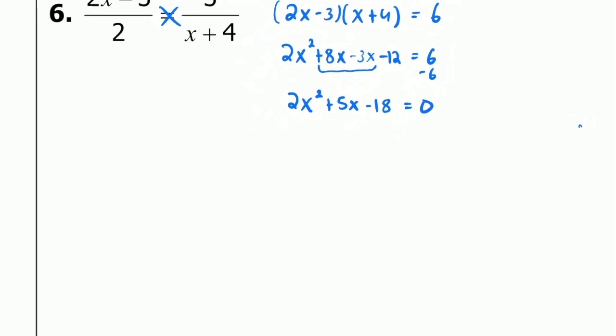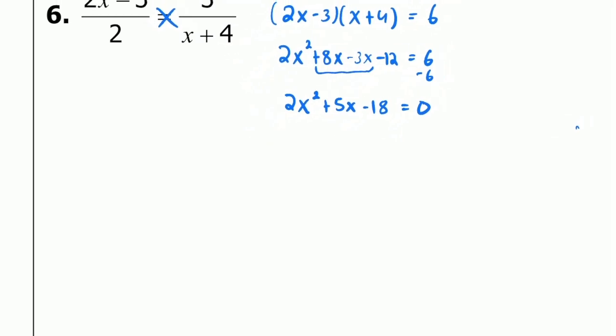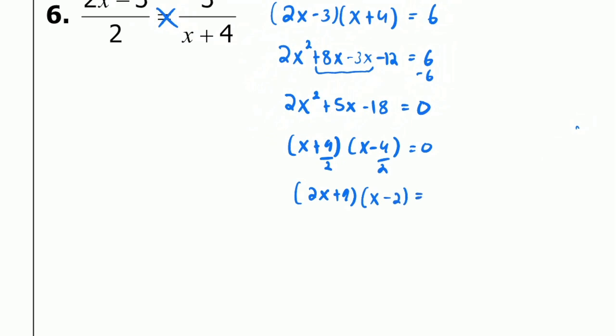So once I do that, factors of negative 36 that add up to 5, that would be 9 and negative 4. So let's say x plus 9 and x minus 4, and I'll divide each of those now by 2. So then I will get 2x plus 9 and then x minus 2 is equal to 0.